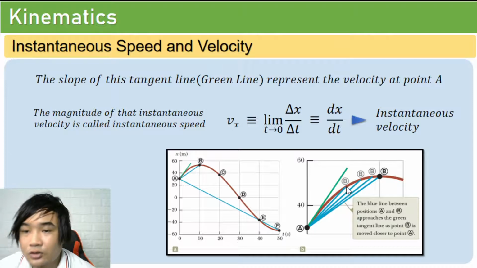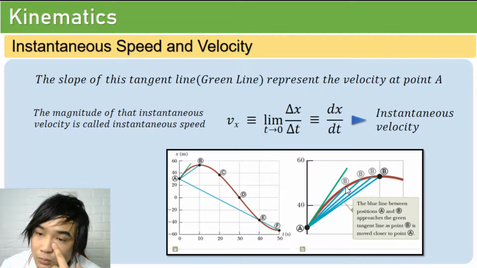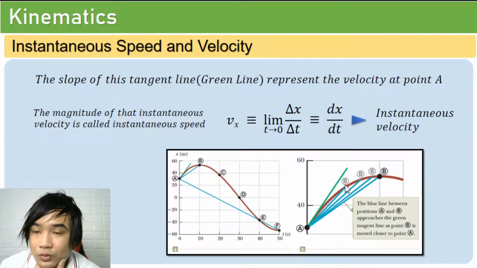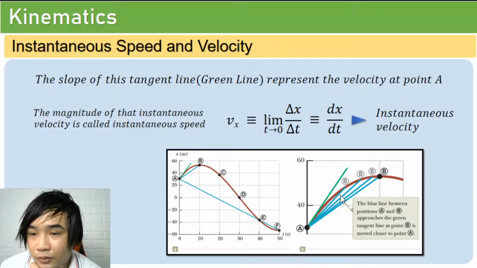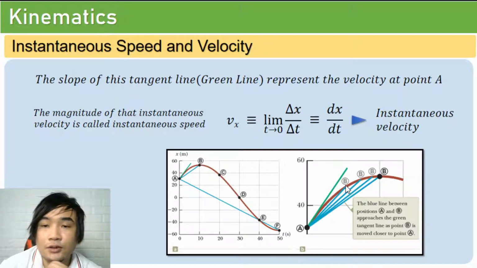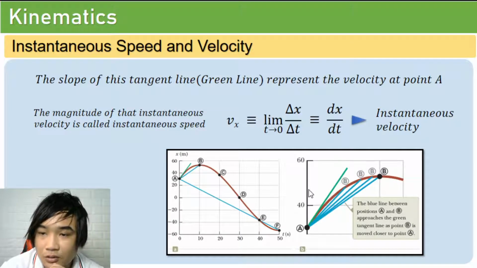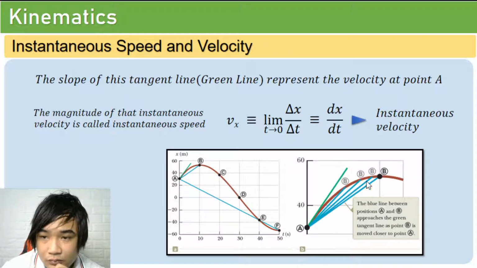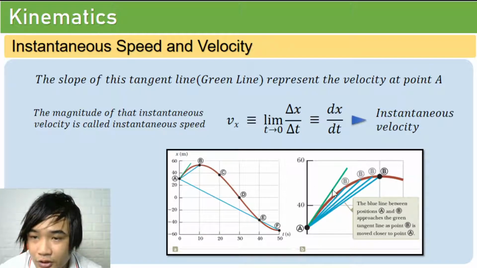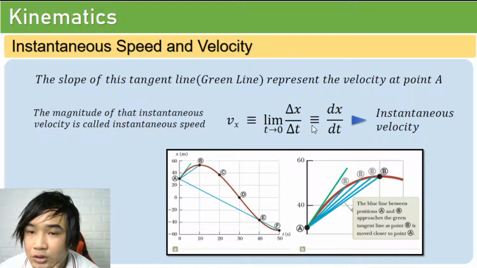So, kapag dito sa blue, pagka instantaneous speed, itong slope nito. Pero pagka instantaneous velocity, tangent dun sa point na yan, sa point B. So, magdodrawing ka ng tangent line dyan, that is your instantaneous velocity.